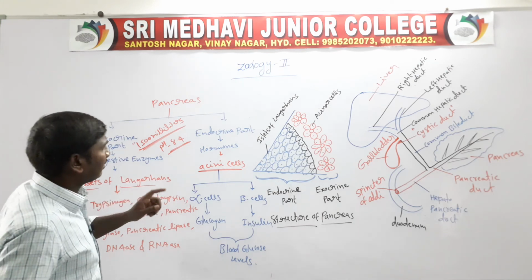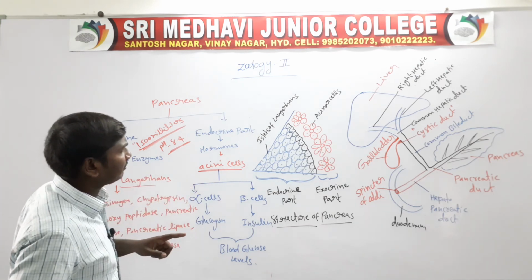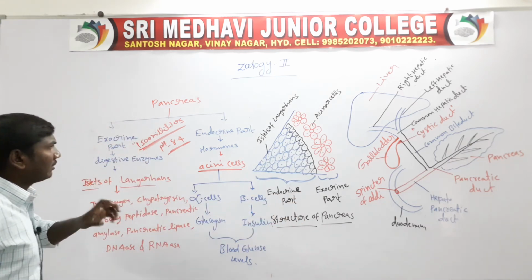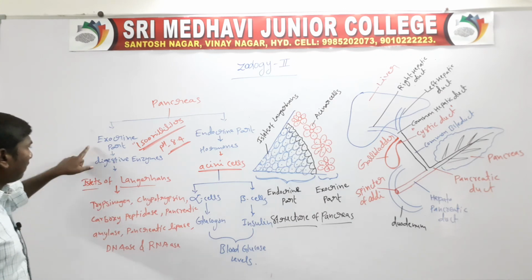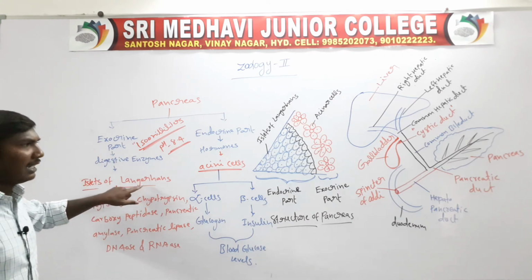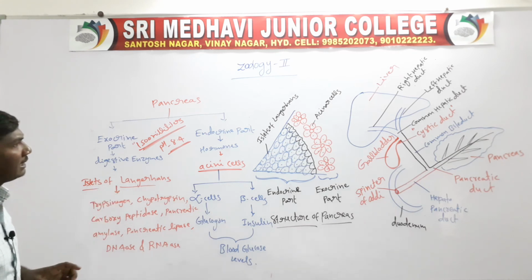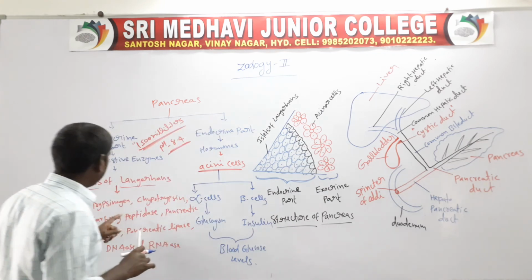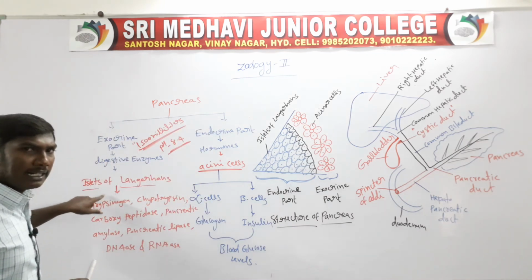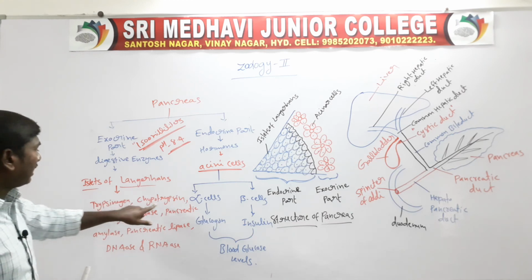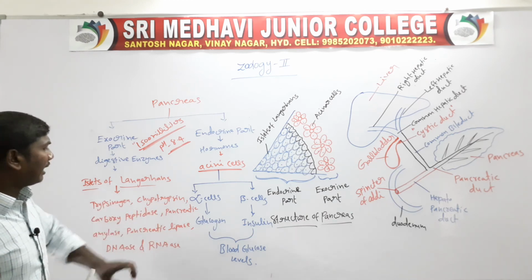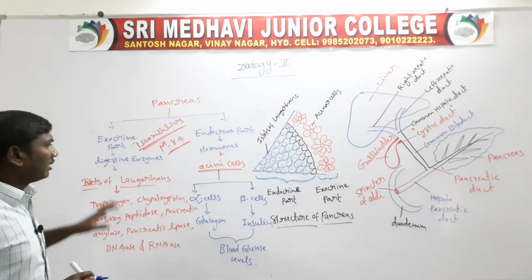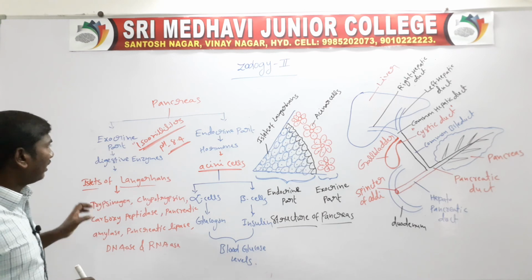The exocrine part releases the digestive enzymes: trypsinogen, chymotrypsinogen, carboxypeptidase, pancreatic lipase, pancreatic amylase, DNase and RNase. The endocrine part is present in the islets of Langerhans.